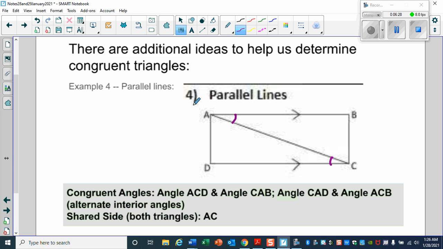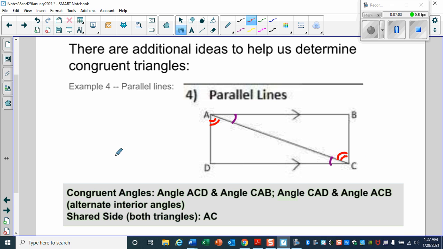For instance, ACD: you start at A, go to C, go to D. And for CAB, start at C, go to A, go to B. And you could also say angle CAD, which is this angle, is congruent to ACB. This angle. Notice how double arc, single arc.